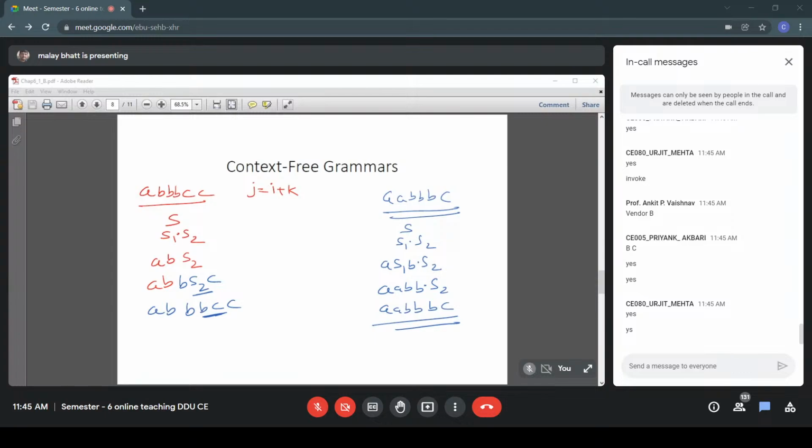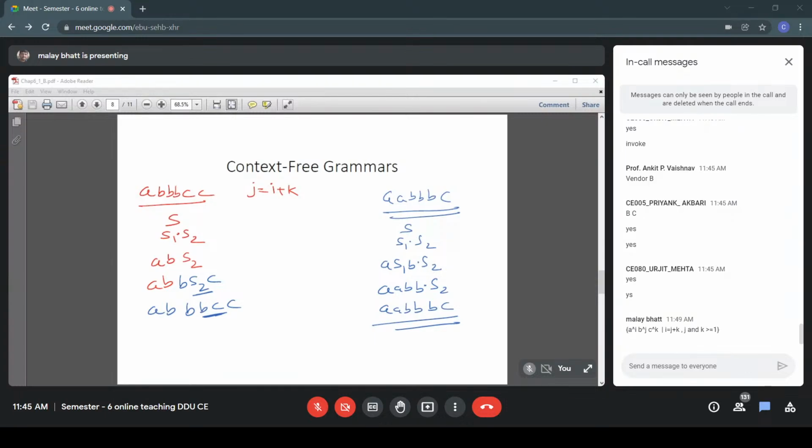If we modify this, can anyone suggest the grammar which we can write for this new language? Because if you put the value of I equal to j plus k, you will get a situation like this: a raised to j, a raised to k, then b raised to j, and c raised to k.